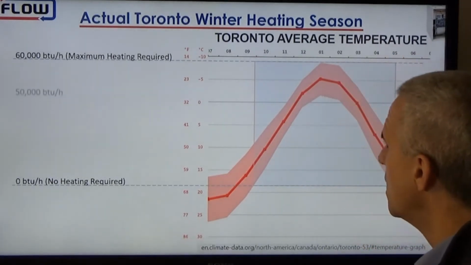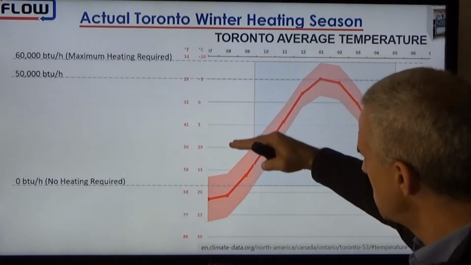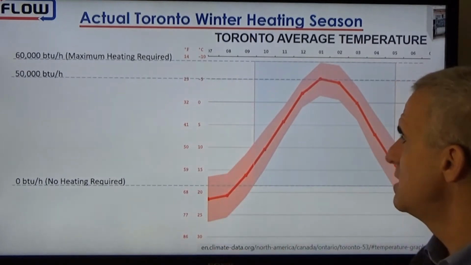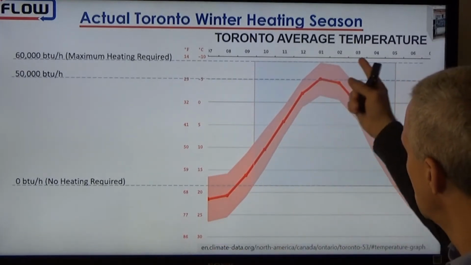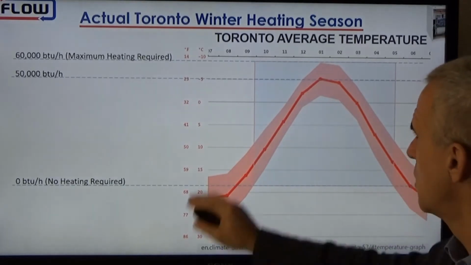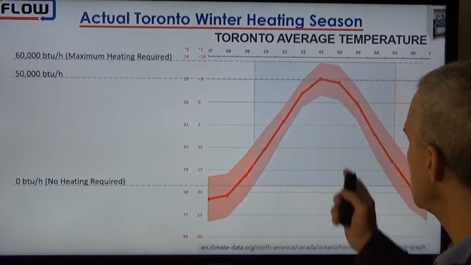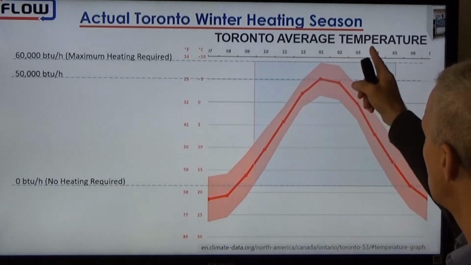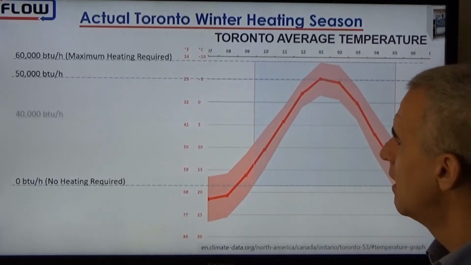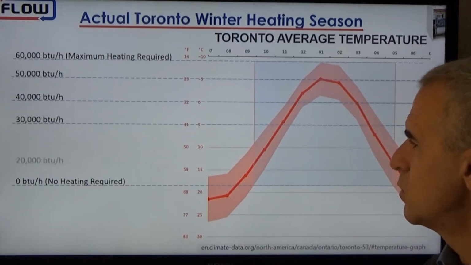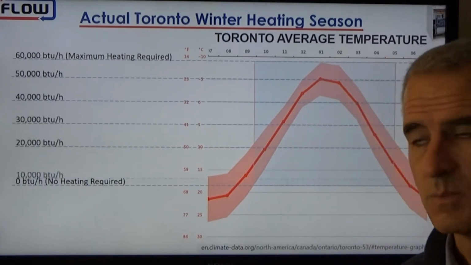Because each of these are categorized in 5 degrees Celsius increments, it makes it easy. The line's fairly linear, so we can divide that up evenly. So in this section, we need approximately 50,000 BTUs, and that would be December and February, and then 40,000 BTUs, and then 30,000 BTUs, 20,000 BTUs, and then 10,000 BTUs.